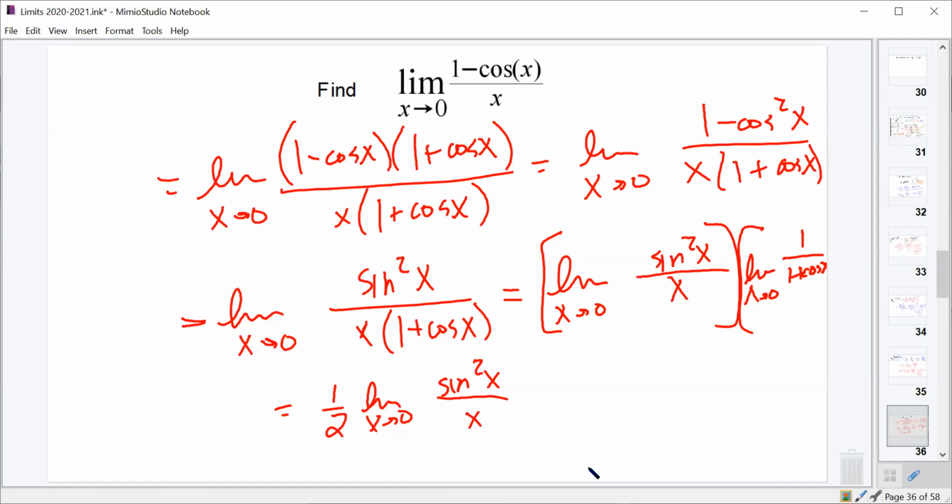Okay, so then what? Now I've got sine squared x over x, which isn't quite what we need. We would need it to be sine of x over x all squared, but I can't just put another x in here without putting an x up here. Do we want to try and do that, or what do you guys think?